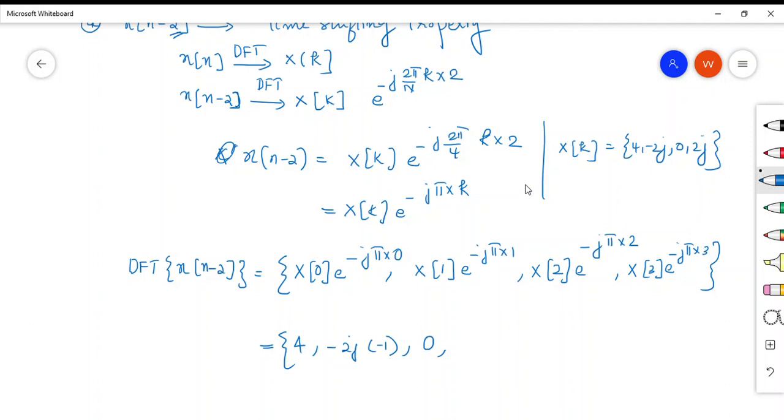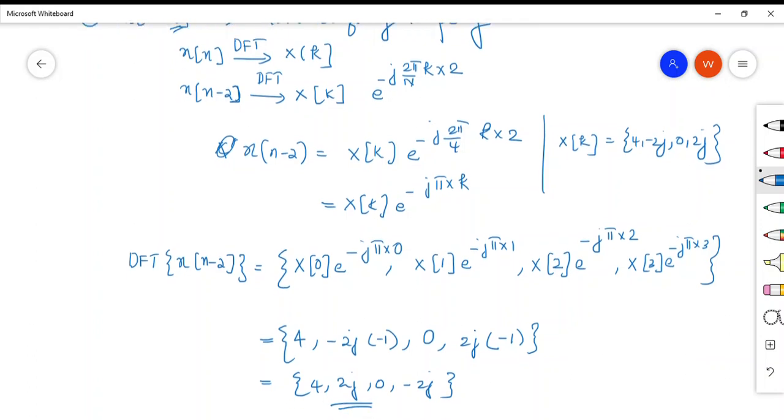Then X of 3 is 2j here, so it is 2j e raised to minus 3j pi, that will be minus 1, giving minus 2j. So what is the sequence now? 4, 2j, 0, minus 2j. Now this is the DFT of x of n minus 2.